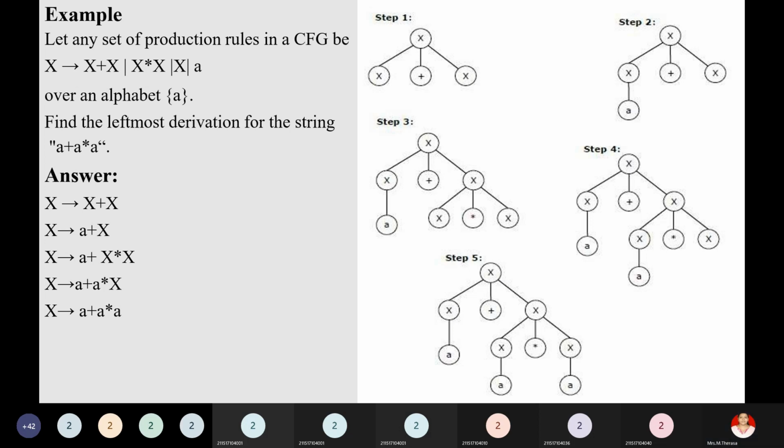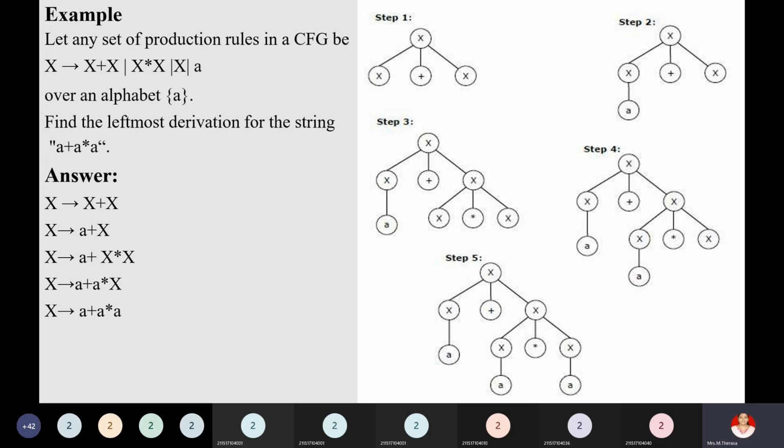Then you have only one non-terminal X that you can replace by a. So at last you have arrived at the string a plus a star a. But in order to derive it, we have chosen the leftmost non-terminal and replaced it by any one of its production rules. So this is called leftmost derivation.